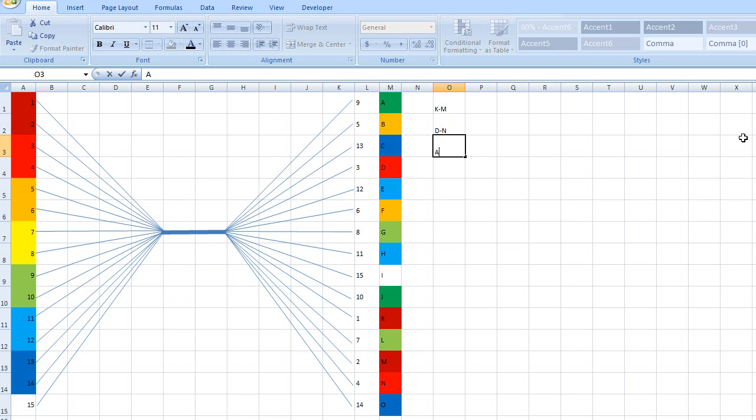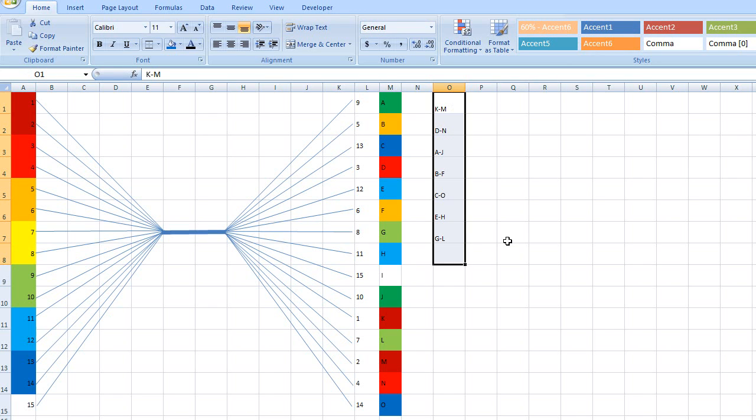And we have A with J, B with F, C with O, D with N, E with H, and G with L. So these are the pairs that he found on the right hand side of the question.